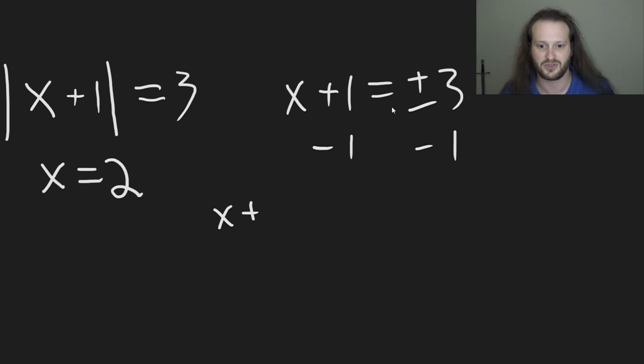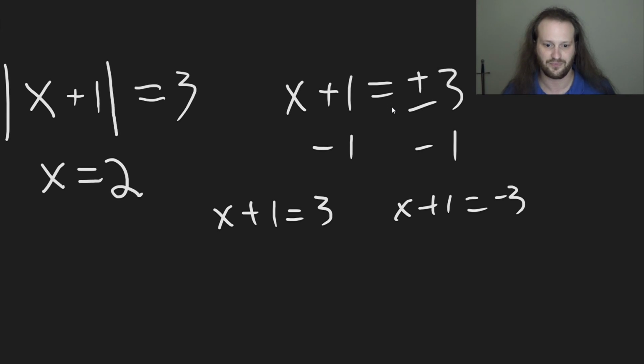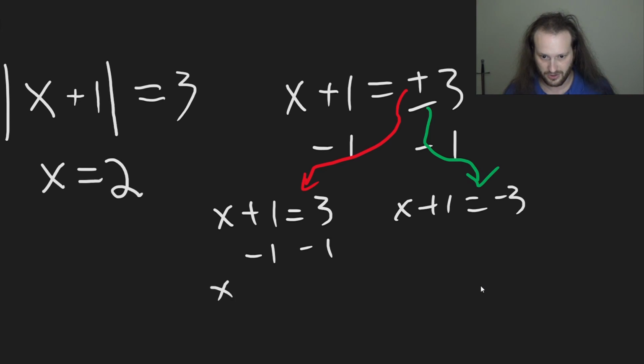So x plus 1 equals 3. X plus 1 equals -3. So I'm kind of splitting this up like this. This isn't like a no and yes, I just picked 2 random colors. Then we subtract 1 on both sides over here to get the x equals 2 that I had over here.